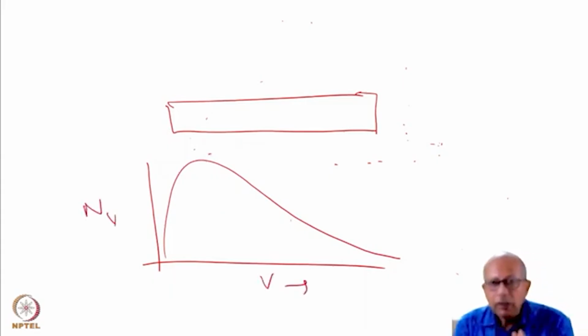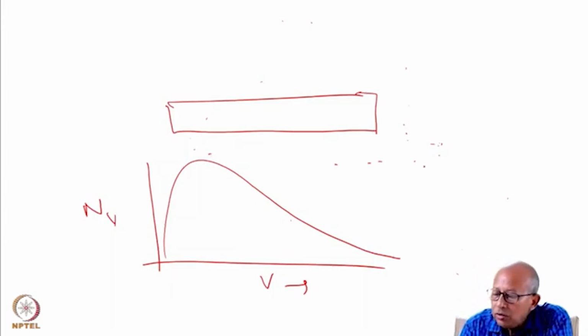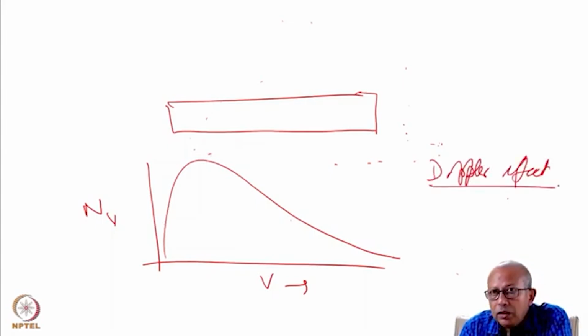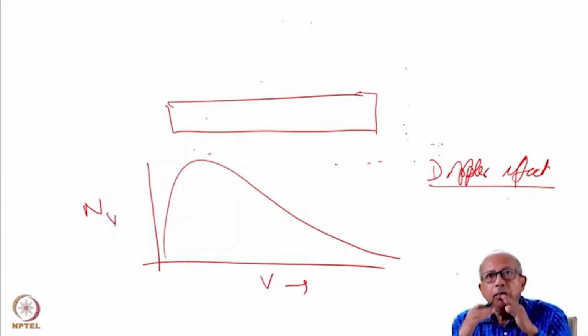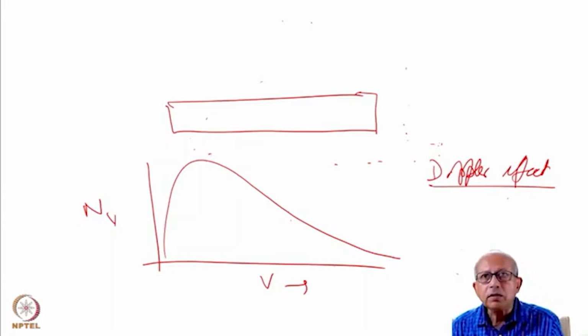Now, you know that when an atom or a molecule travels with a velocity v, the frequency of light that it emits depends on the velocity, which is as a result of the Doppler effect. I will not go into detail. So if you increase the temperature, the broadening of the gain also increases.